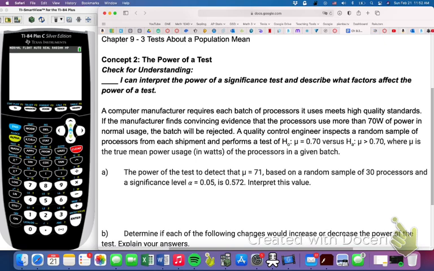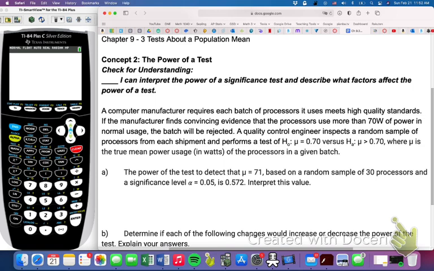A quality control engineer inspects a random sample of processors from each shipment and performs a significance test of the null hypothesis H naught: mean equals 70 versus alternate hypothesis: mean is greater than 70, where mu is the true mean power usage in watts of the processors in a given batch.